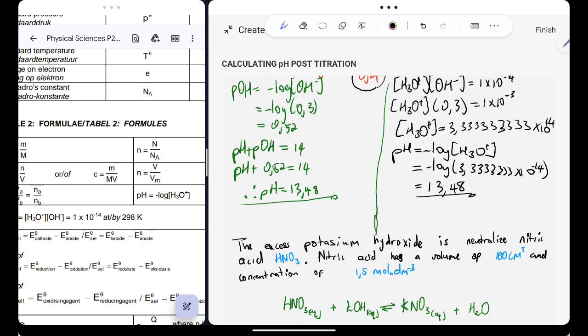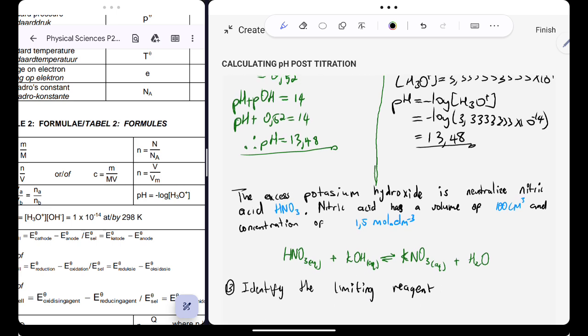Okay, there's a further question to this, né? Suppose that the excess potassium hydroxide is used to neutralize nitric acid. The nitric acid has a volume of 100 cubic centimeters and a concentration of 1.5. This is the balanced equation.